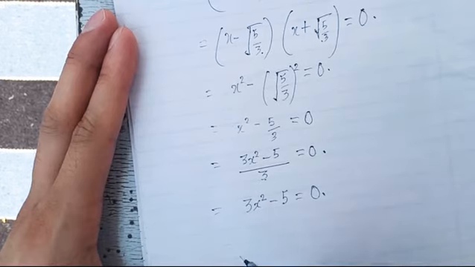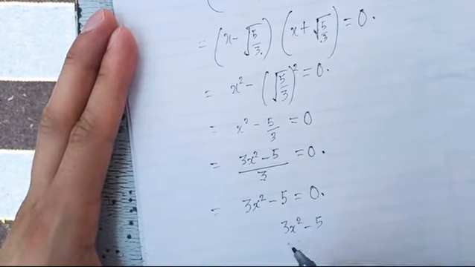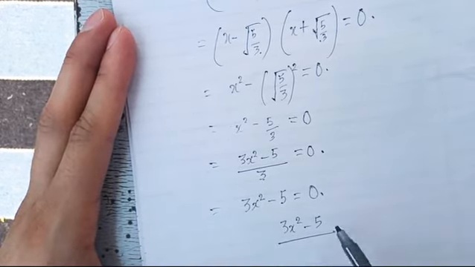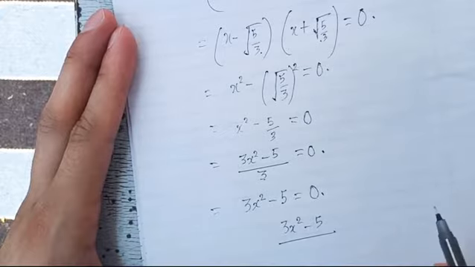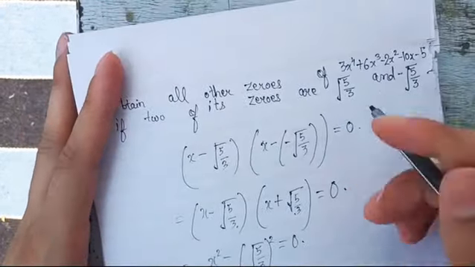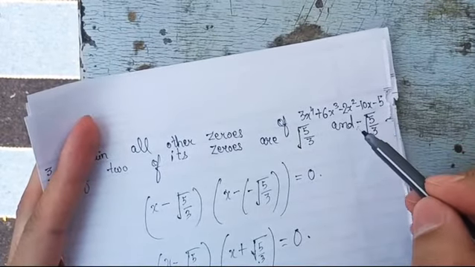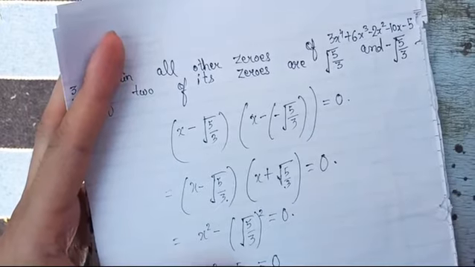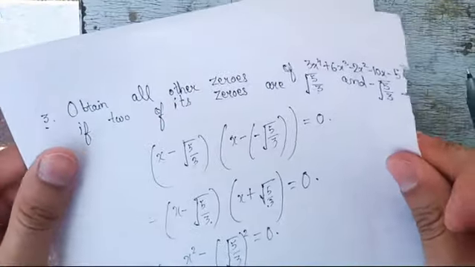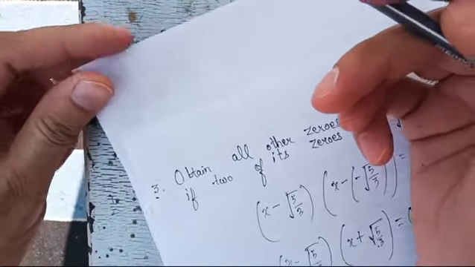So the equation we get is 3x square minus 5. That is the equation we need from the zeros. Now how will this equation help us? We will use this equation to divide the polynomial that is given to us, and then we will obtain another polynomial. Now dividing the polynomial 3x to the power 4, first of all I will write the polynomial here.